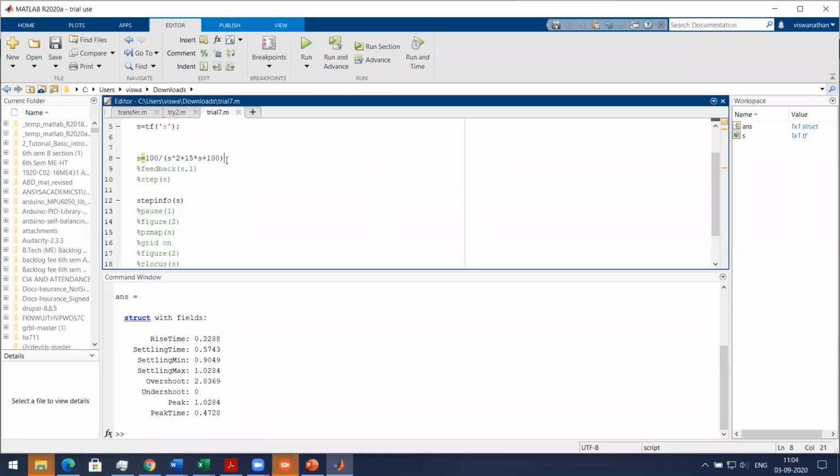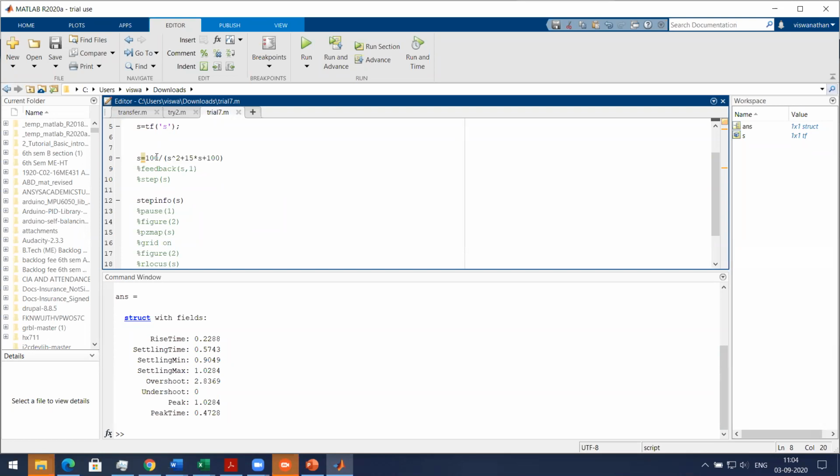Strictly speaking, the numerator need not be 100 exactly. It can vary, but the denominator must be of this form: s square plus 2 zeta omega n s plus omega n square.